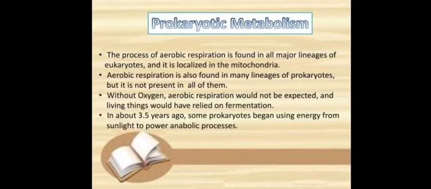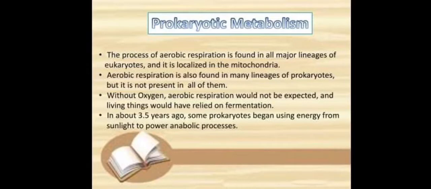While today's atmosphere is about one-fifth molecular oxygen, geological evidence shows that it originally lacked oxygen. Without oxygen, aerobic respiration would not be expected, and living things would have relied on fermentation instead.